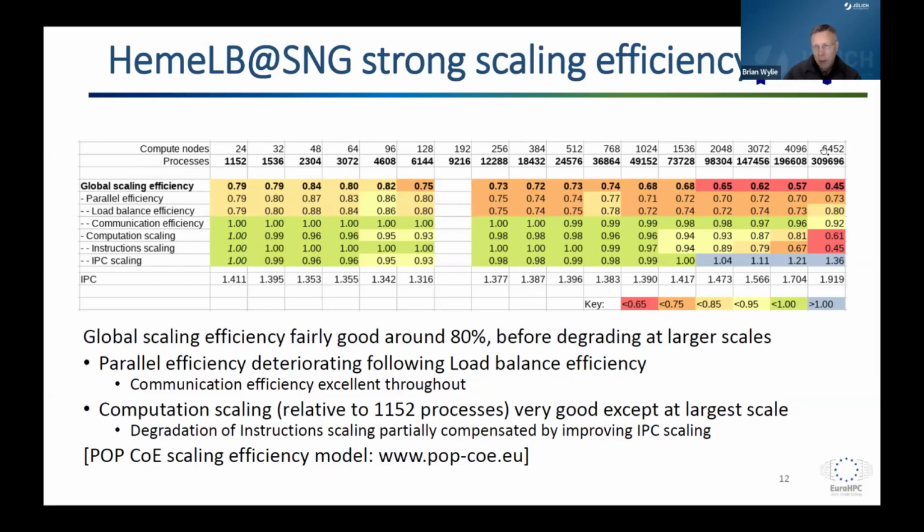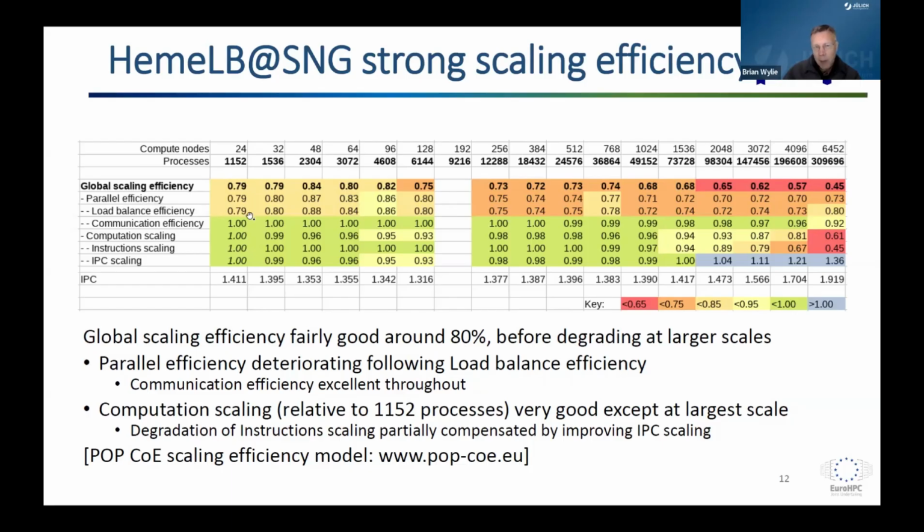And then how it scaled up to the largest configuration with over 6,000 nodes and 300,000 processes. The numbers on the left-hand side here show the smallest configuration where the efficiency was not so bad. Of course, the scaling efficiencies are all set to 1, but the communication efficiency was very good, almost excellent, up until the very largest scales when it started to diminish. So that was very encouraging.